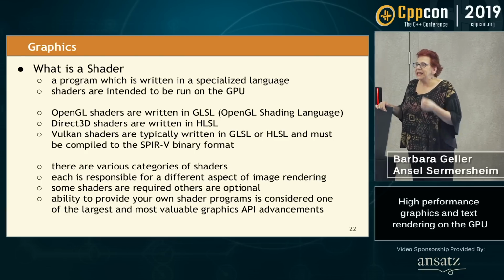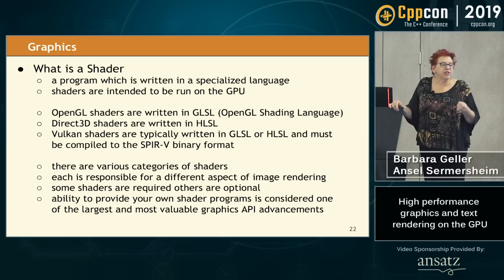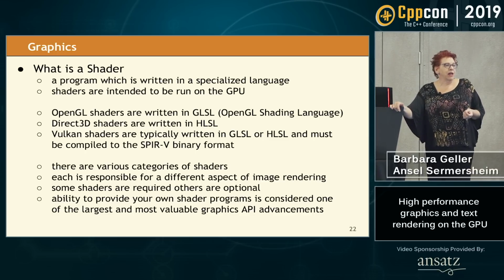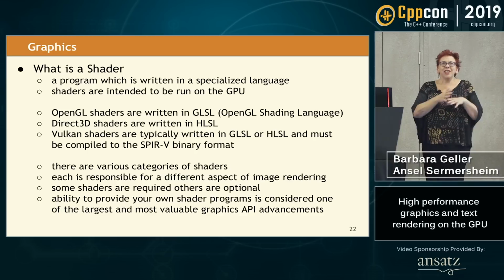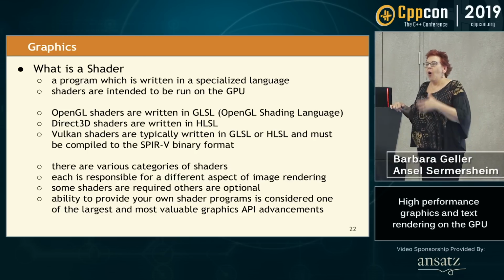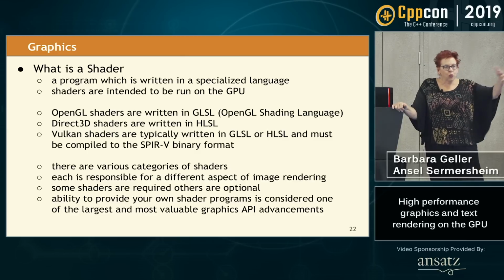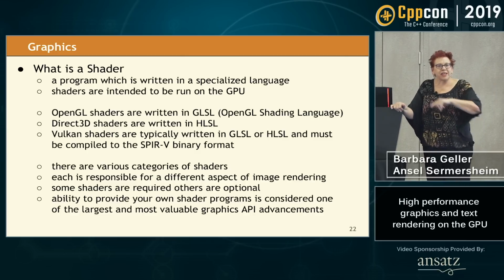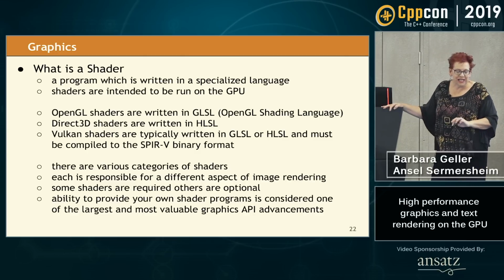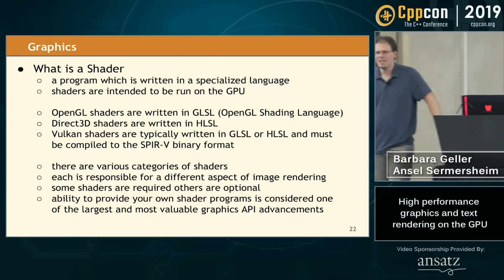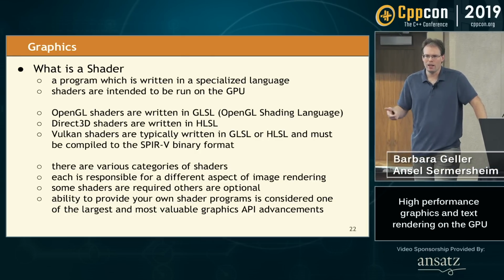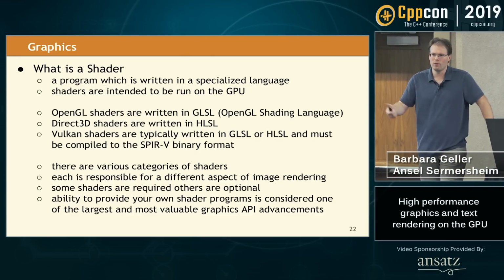The point is, it needs to compile to an output of a SPIR-V binary format. That's the format, and you really don't need to know what it is. But when you write it in this language, that's the output, because that's what Vulkan needs. You can think of SPIR-V as the object code for a shader, which is what you need to feed to Vulkan when you configure things. But what actually is a shader?